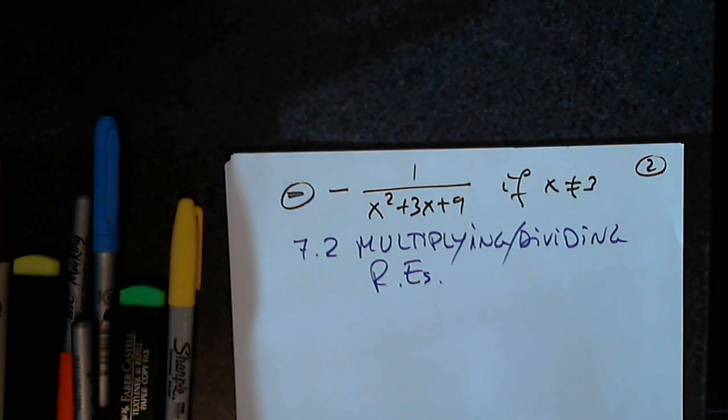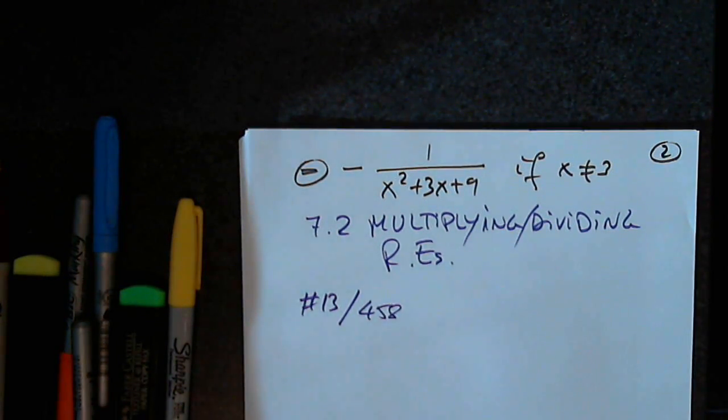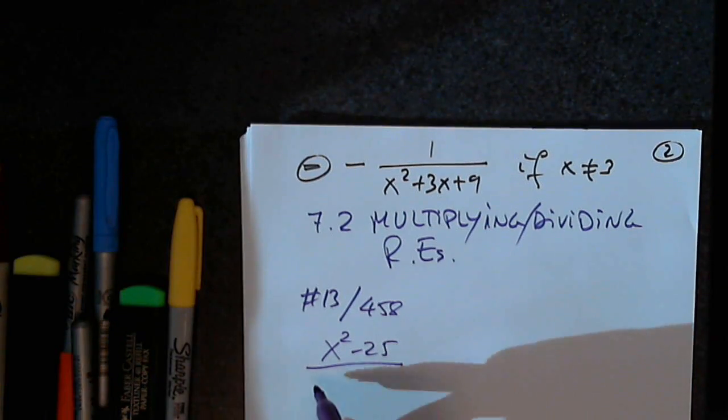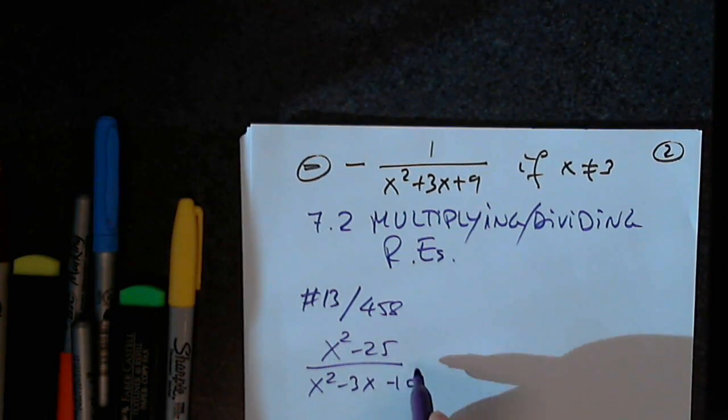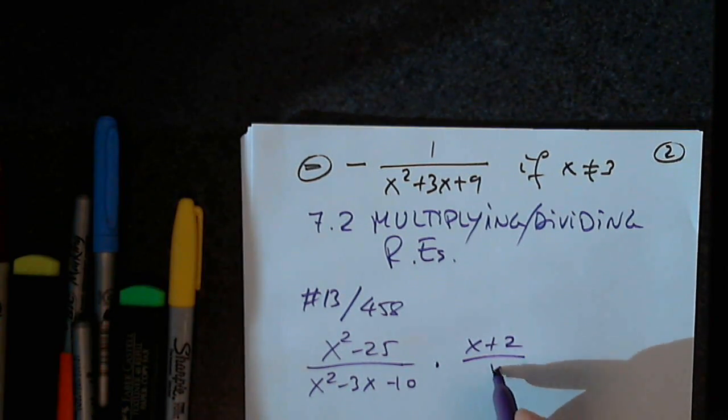On page 458, I would like to start with problem 13: x squared minus 25, everything divided by x squared minus 3x minus 10, and multiplied by x plus 2 divided by x.